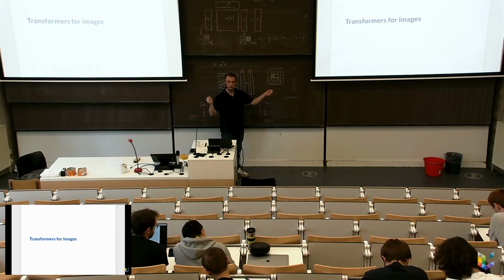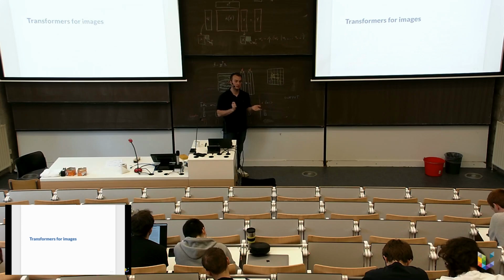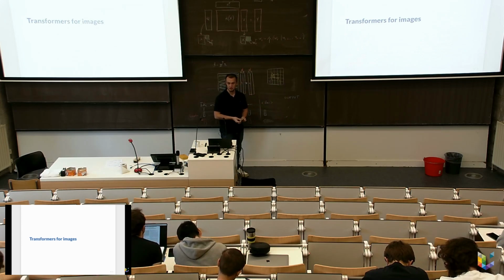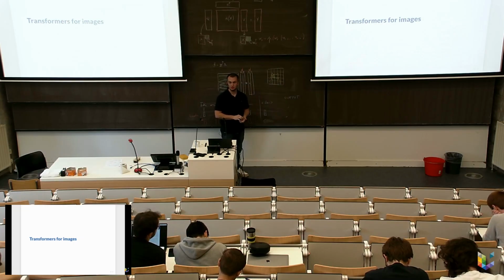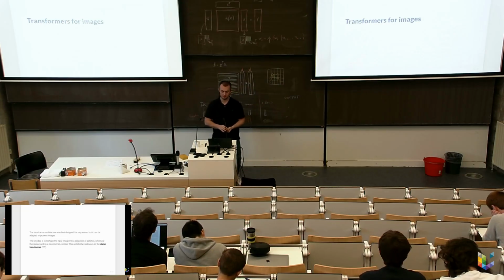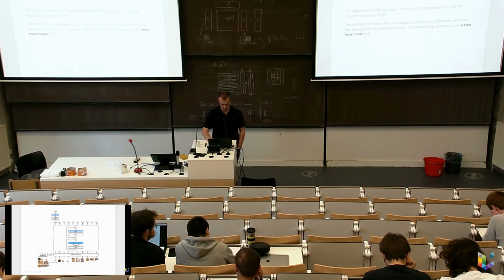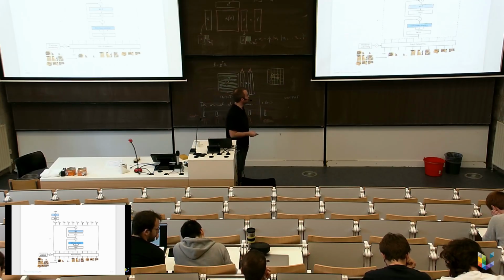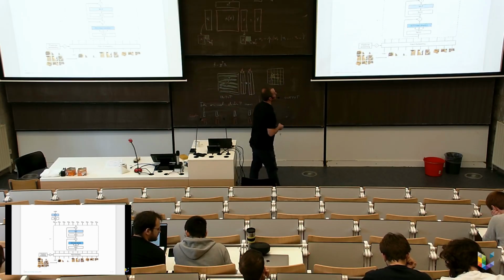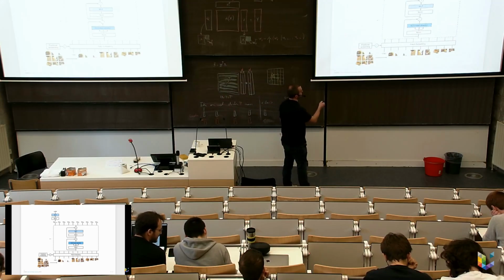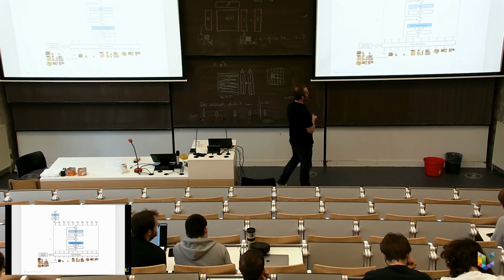And maybe you associate also to that vector a position, a vertical and horizontal position, because that's certainly useful to know where this content is in the image. And then you feed everything to the transformer network. If you do that, you get an architecture which is now very popular, called the ViT, the Vision Transformer, which is exactly doing that. You take an image, you divide it into small patches. Then this becomes your tokens.